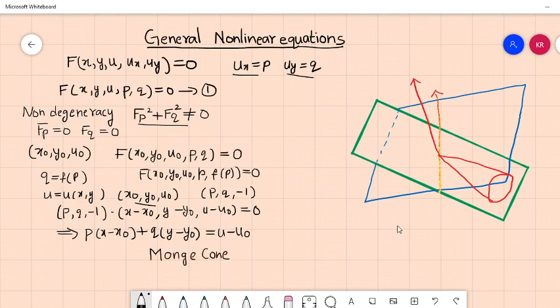So this one parameter family of tangent planes spreads out a cone, and that cone is called the Monge cone. For example, you can see in this figure, this is one tangent plane, the equation of a tangent plane, and this is another tangent plane.